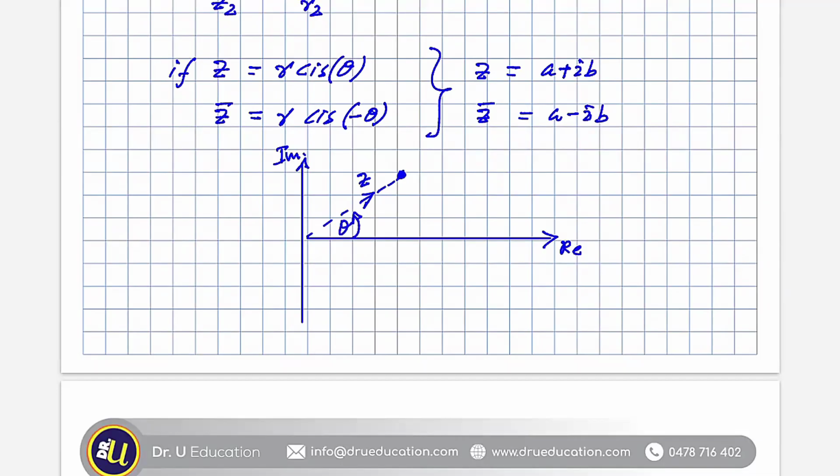You understand the conjugate is going to be here, so with minus theta. So you can see that is what I'm explaining here and here. Okay.